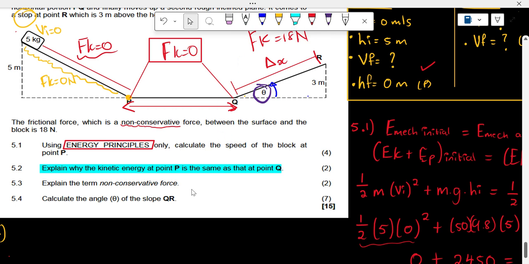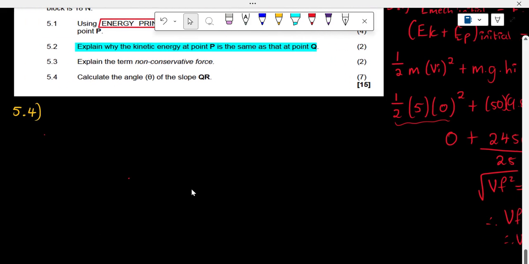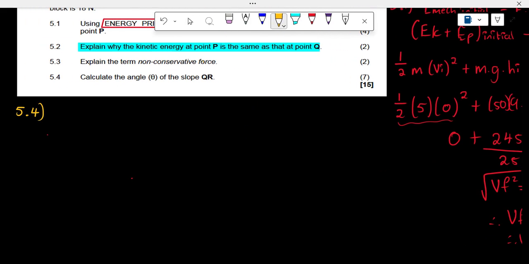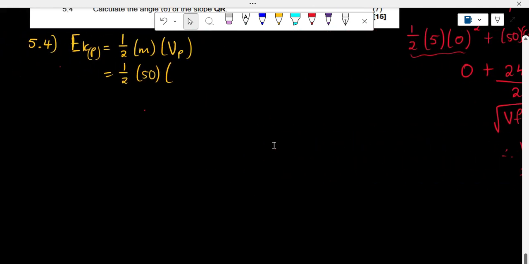Now, they say to us that the kinetic energy at point P is the same as the kinetic energy at point Q. So in this case, I want you to think about it. Let's get the kinetic energy at point P and let's see what we have. So the kinetic energy at P is equivalent to 1 over 2 times the mass of the object at point P times the velocity at point P. And this is going to be 1 over 2 times 50, that's the mass of the object, times the velocity at point P. I think we got that as 9.90.